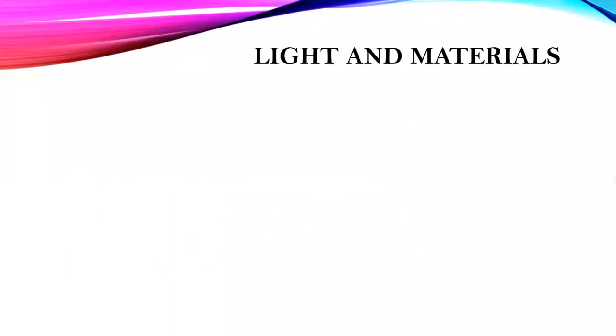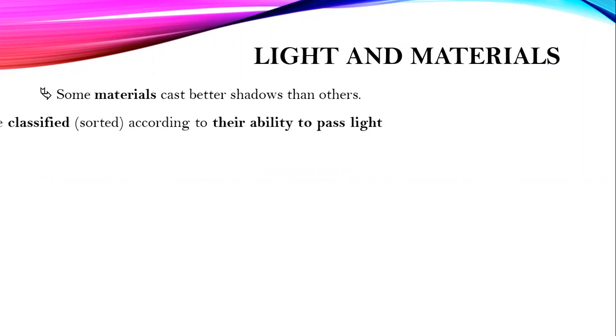Light and materials. Some materials cast better shadows than others. Of course, not all materials are going to have the same shadow. Some materials would cast the shadow better than others.